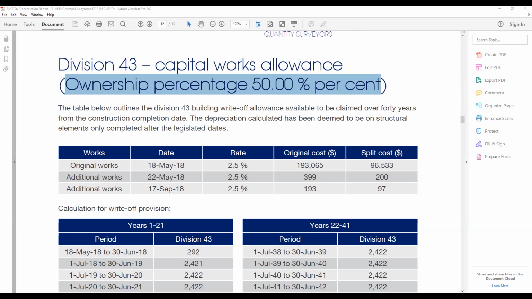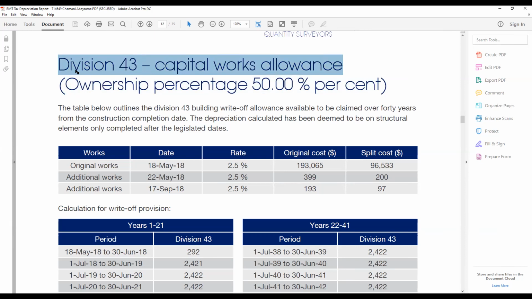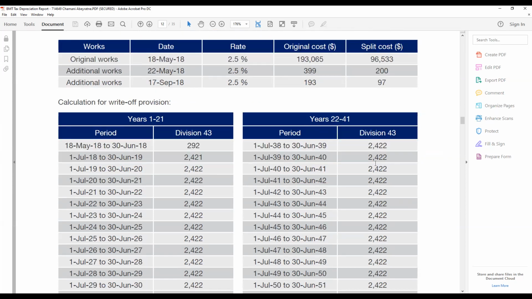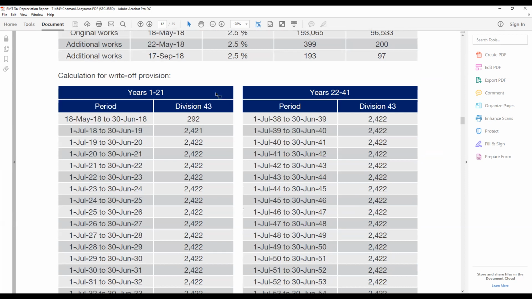So Division 43 is what I said, capital works allowance. This is the one you saw in our practice manager as capital works in the dropdown. So Division 43 covers your building capital works, meaning construction. You can see construction, and all the total cost they have here. Now they calculated and gave almost 40 years.